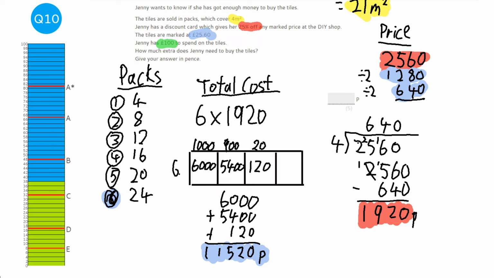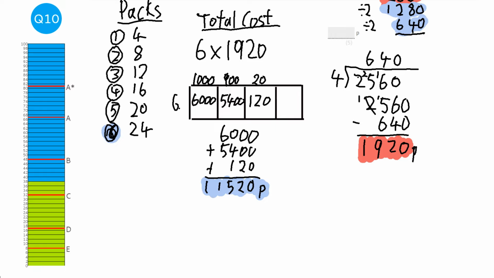But we're still not done yet. She says that she's got £100, and the question is, how much more does she need? So to finish this off, we need to do the amount it costs, which is this number here, and then we're going to take away the £100 or 10,000 pence that she has already got.